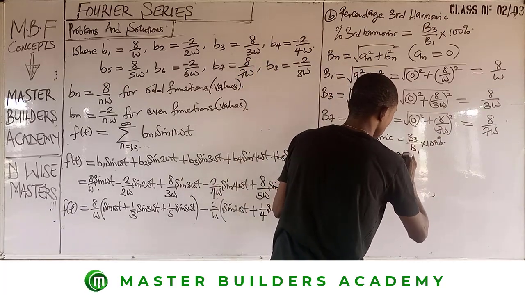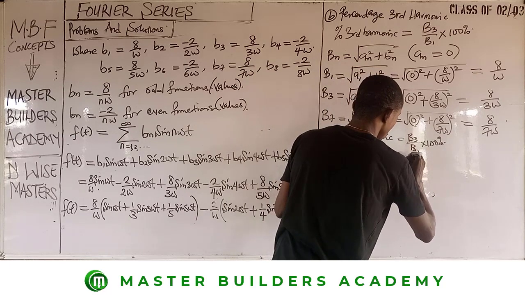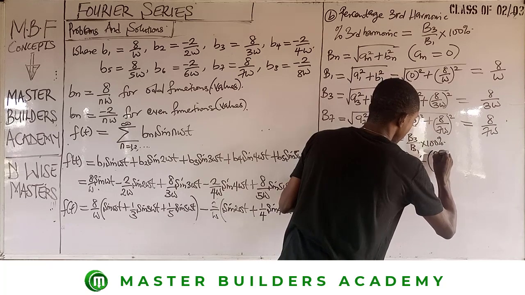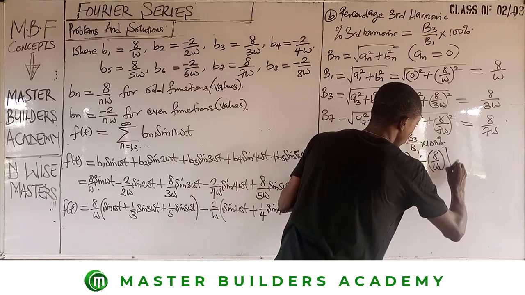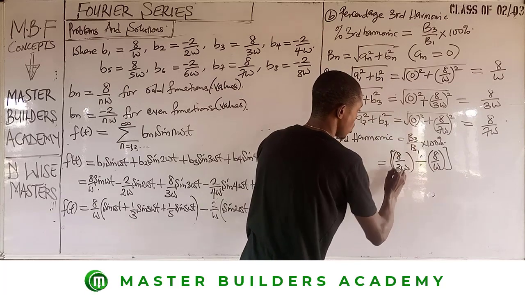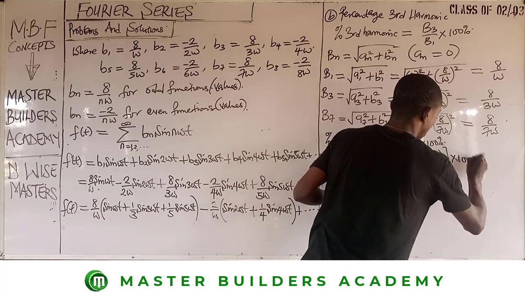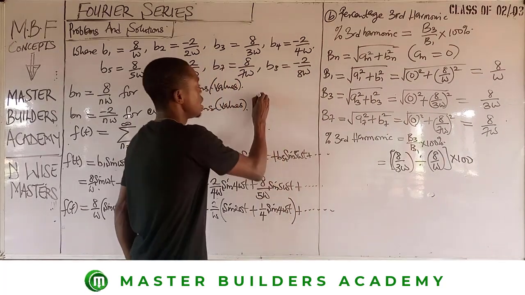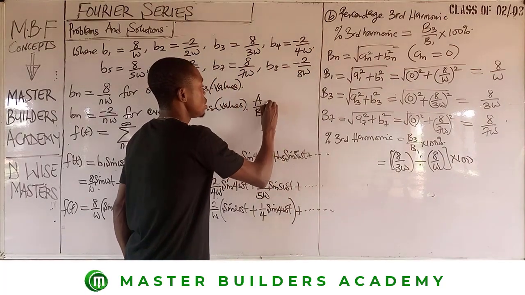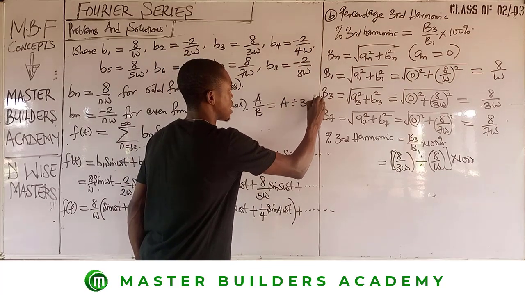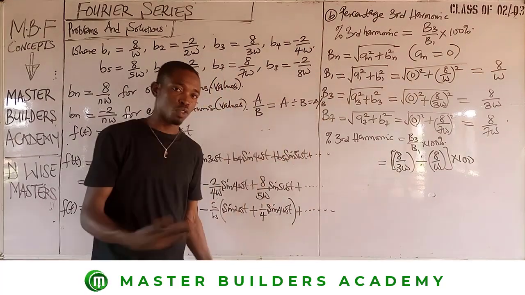B3 is 8 over 3W divided by 8 over W, all multiplied by 100. Remember, why I'm using this division is that we already agreed that A over B is the same thing as A divided by B, and it's even the same thing as A slash B. Anyone you want to use, they are the same.